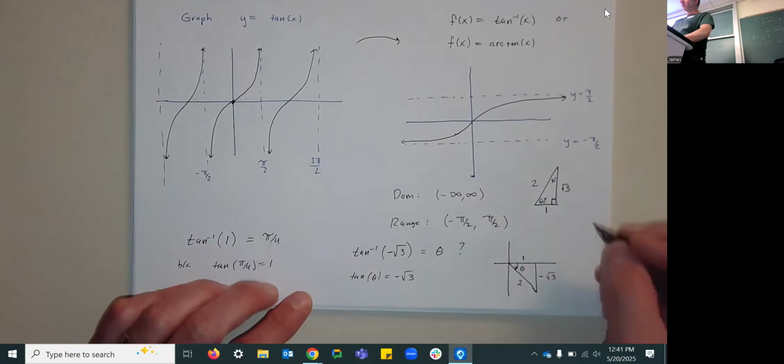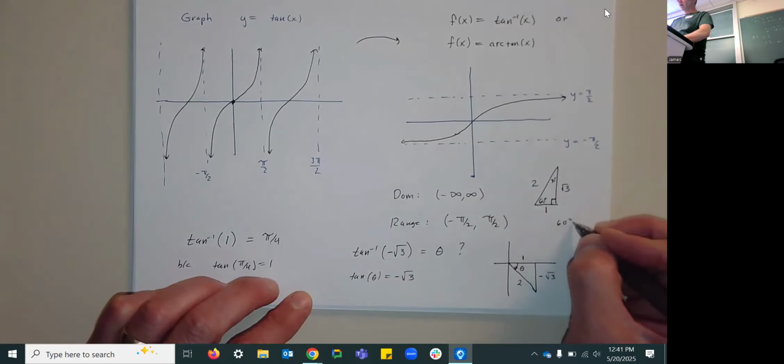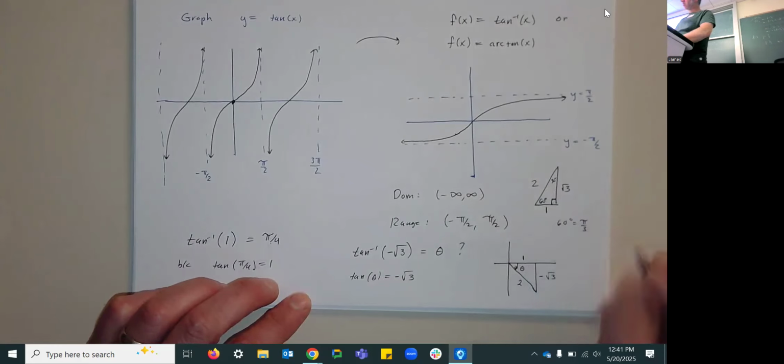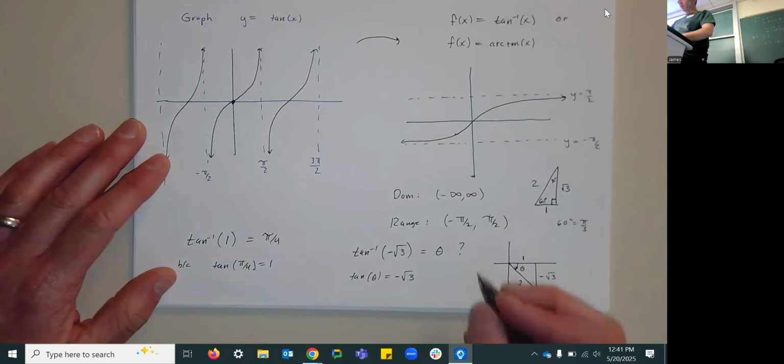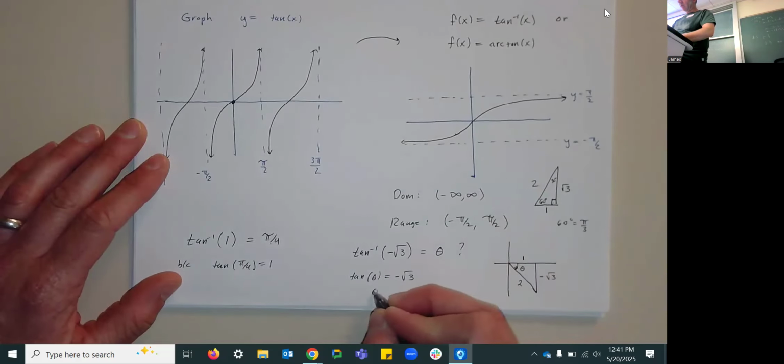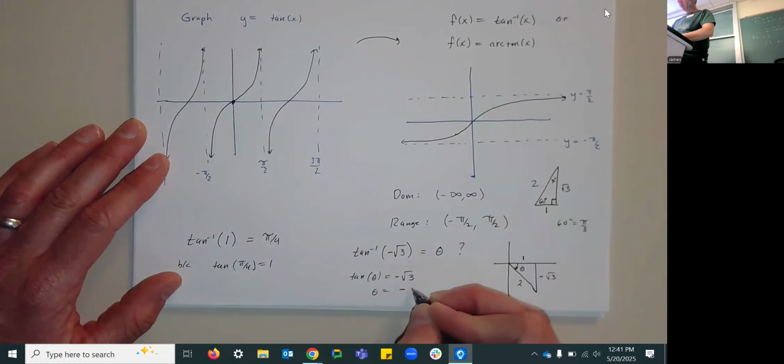So tangent of 60 degrees, which is pi over 3, would be equal to root 3, but I wanted negative root 3. So instead of going counterclockwise and getting a positive angle, we're going to measure it clockwise and get a negative angle. So our angle here is going to be theta equal to negative pi over 3.